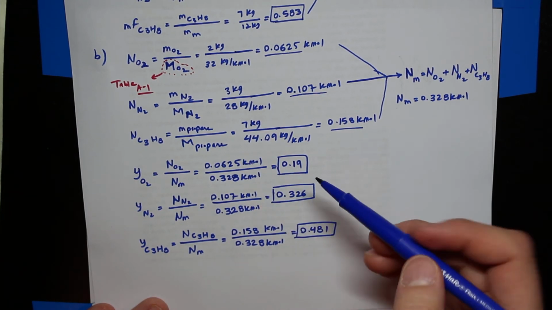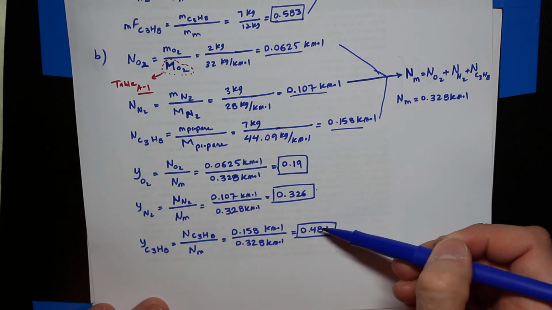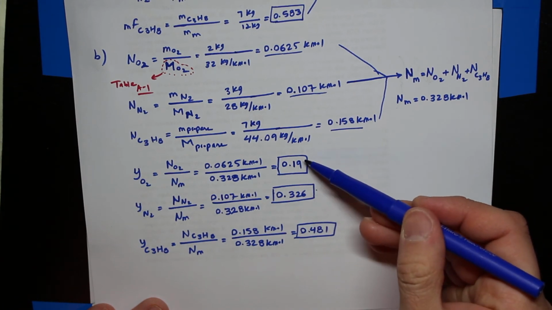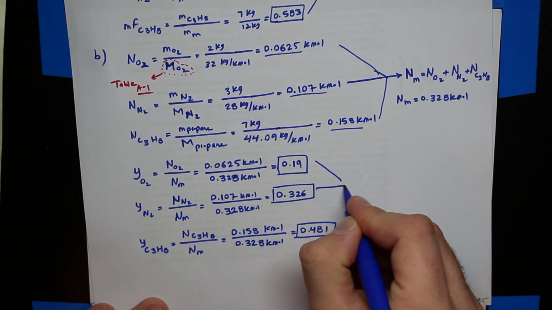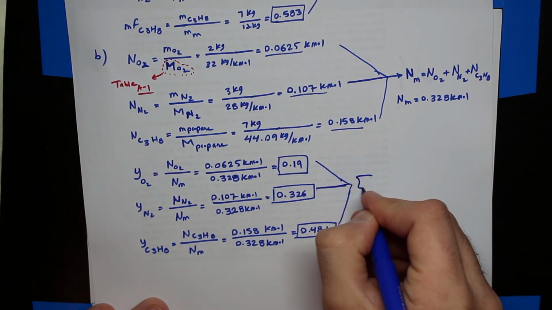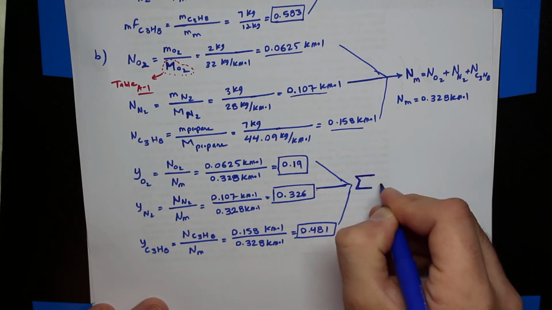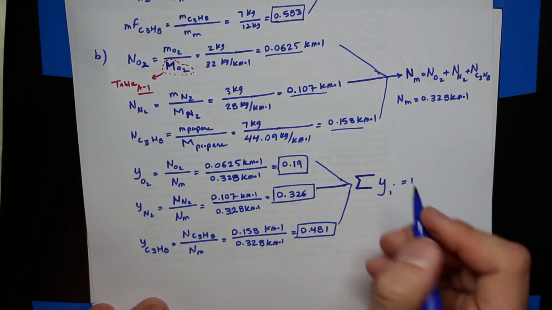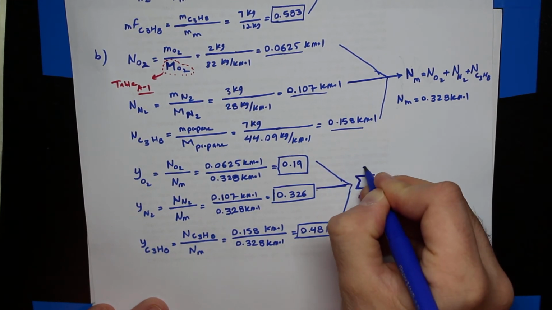But once again, if you add up these three numbers, you will see that the sum of them is equal to 1. So sigma y_i is equal to 1, with i starting from 1 to 3.